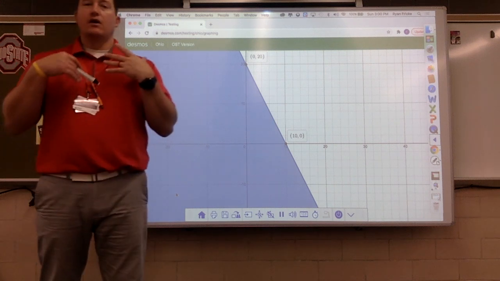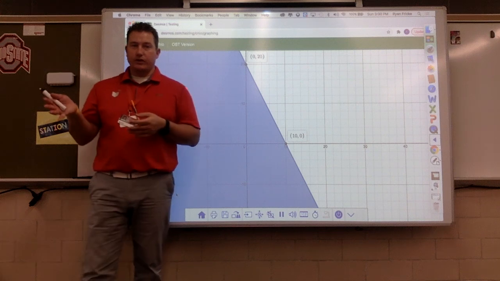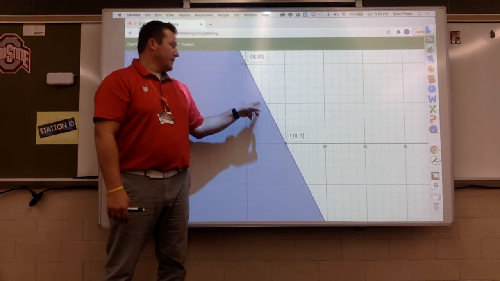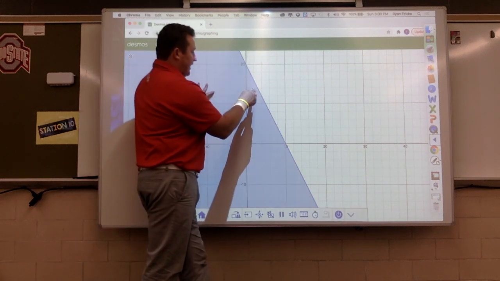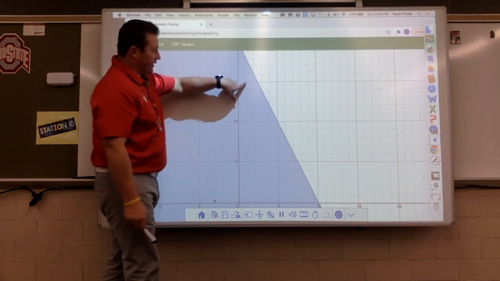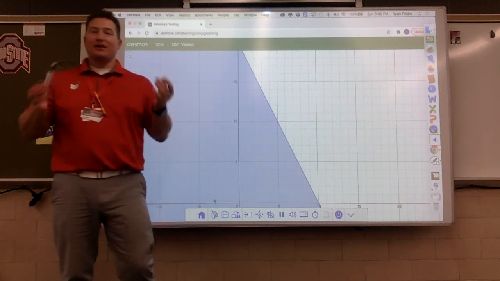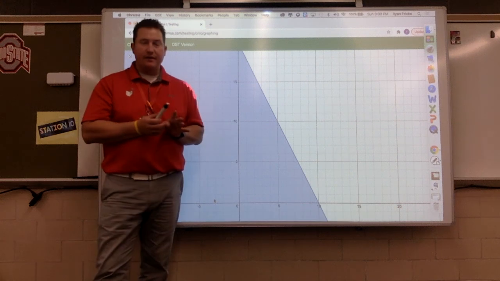These all are combinations of sandwiches, chicken and or tuna, that we could buy and still spend exactly our $30. If we're not going to spend $30, that's where we're going to get all of these. Like this point right here, and this point right here. These are all going to give us good numbers, but they're not going to give us amounts that work up to that $30.